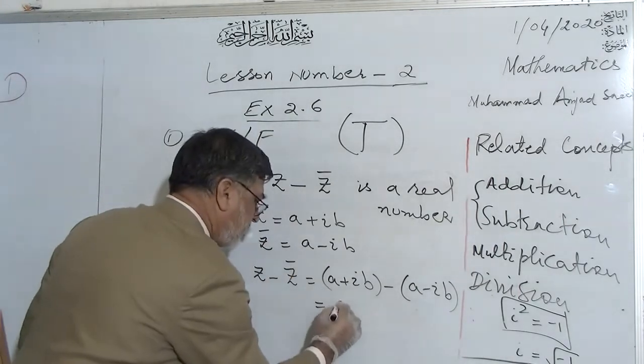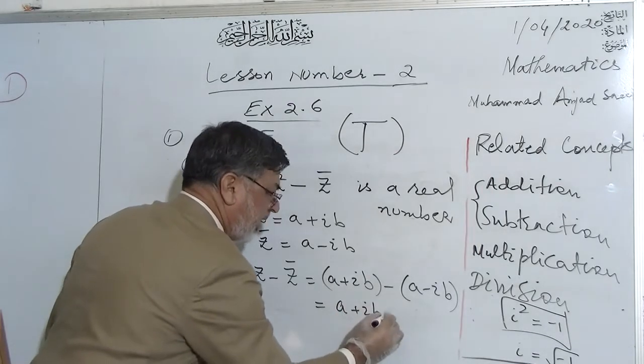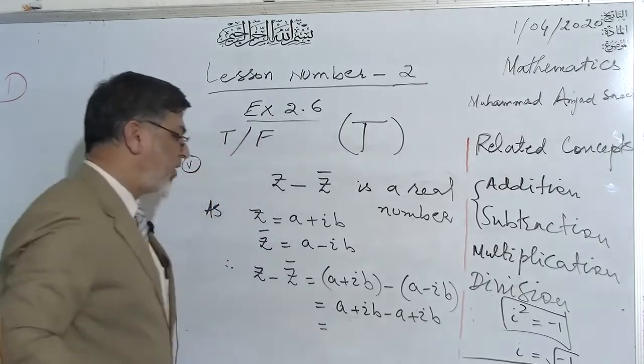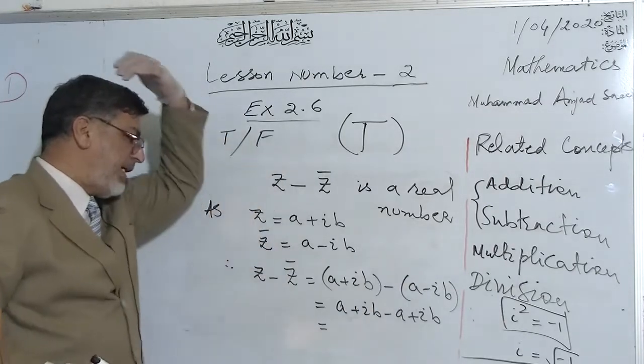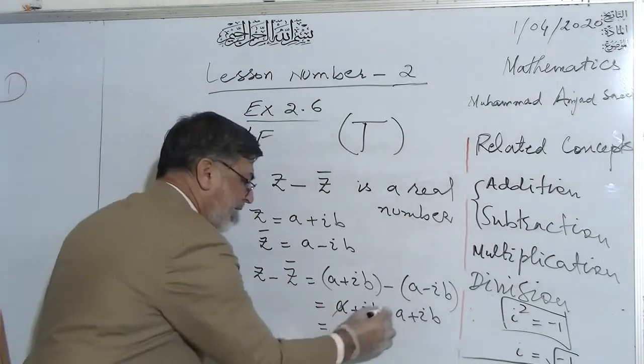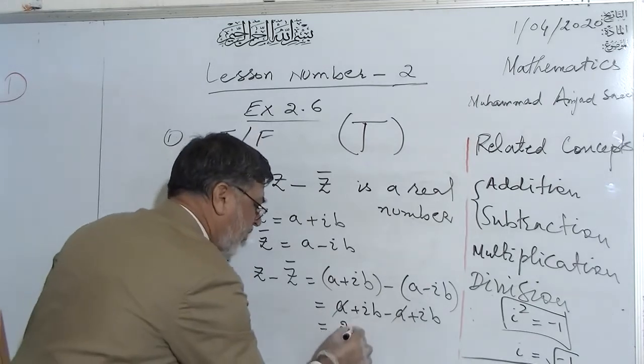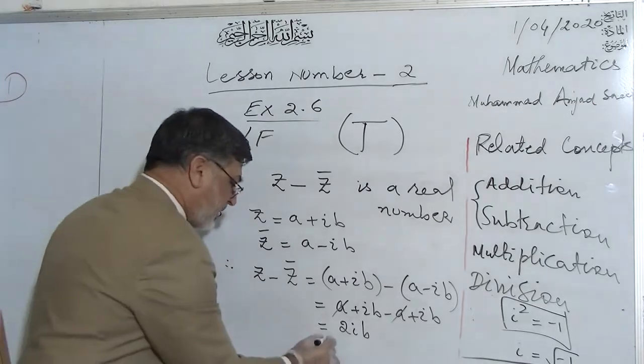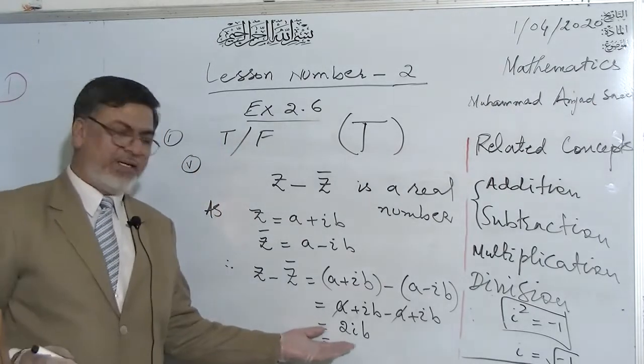Here is a plus iota b minus a plus iota b. Open up the bracket, there is a change of sign, and here you can cancel a and a. This is 2 iota b.